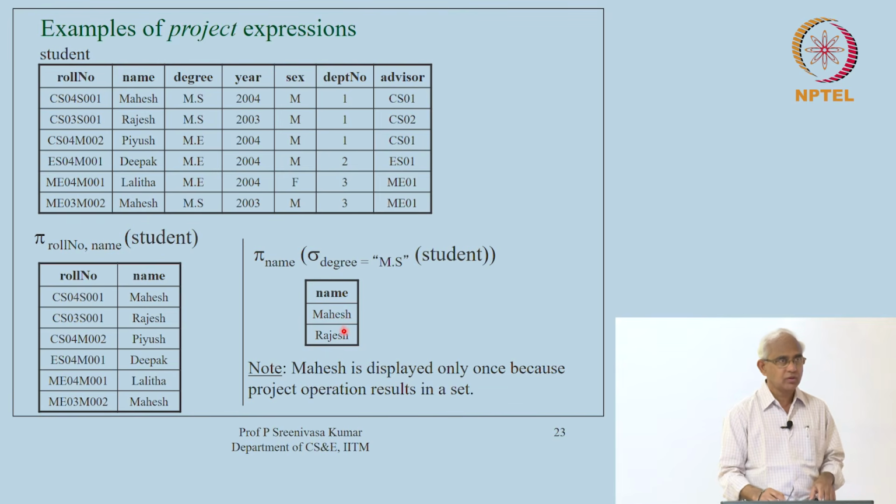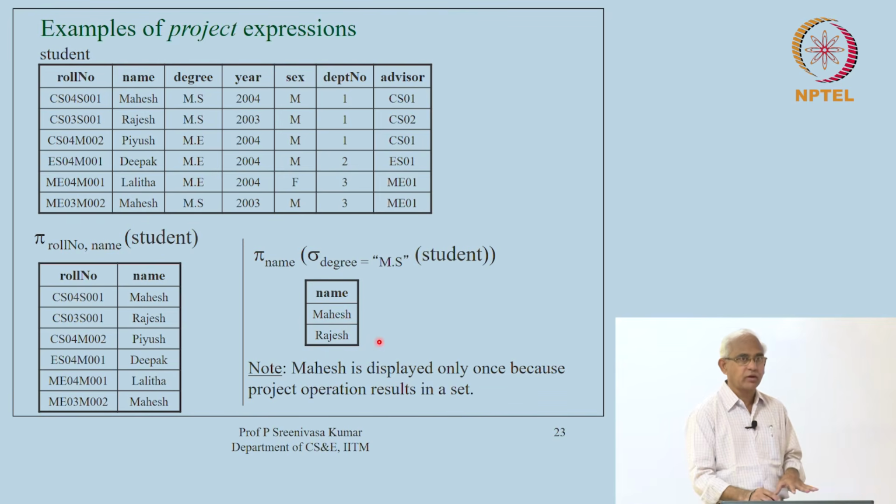Even so, it is important to recognize that what it produces is a relation, right. Even if it produces just a single value, it is actually a relation which has one column and one row and one value. It is still a relation.